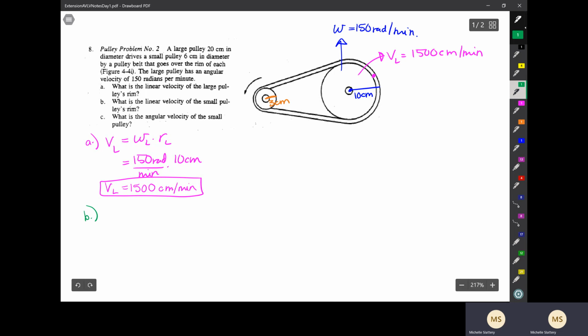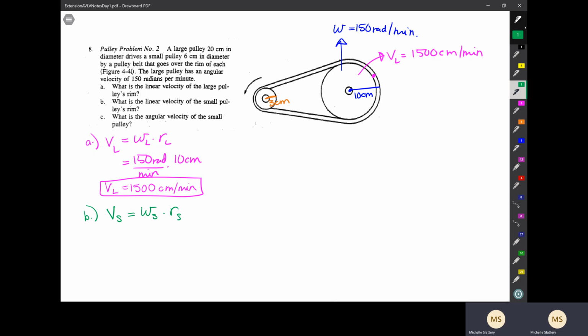Okay, part B. What is the linear velocity of the small pulley's rim? So I want the linear velocity of the small pulley's rim. If I'm thinking about that same formula, it's the angular velocity of the small times the radius of the small. Well, I know my radius is 3, but I don't know the angular velocity of the small pulley. The angular velocities of the two are not the same, but I do know that the linear velocities are the same.